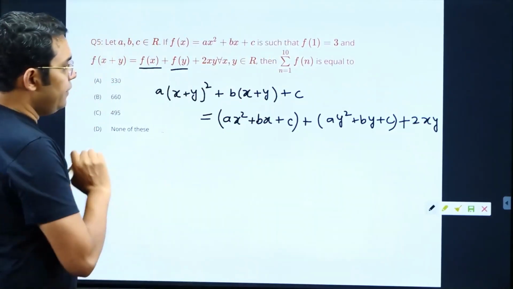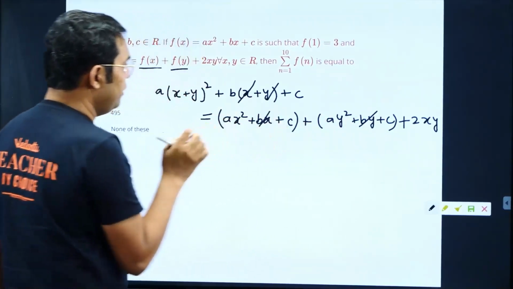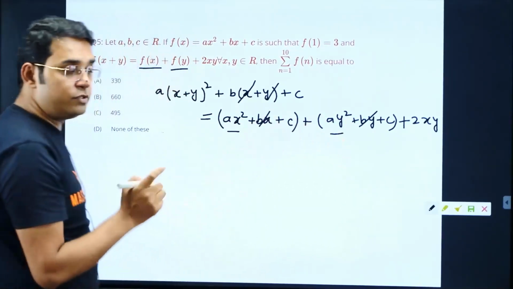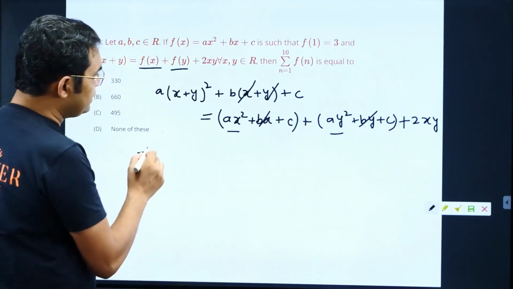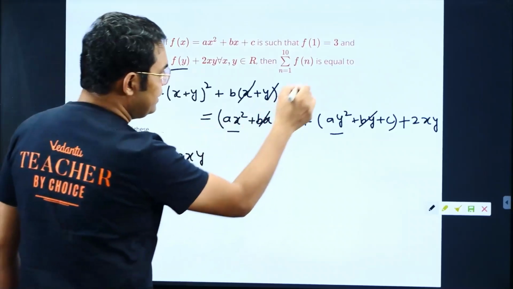Now you can easily see, if you open it, the bx and by will get cancelled. In fact, if you open this bracket, the ax square and ay square terms will also get cancelled.